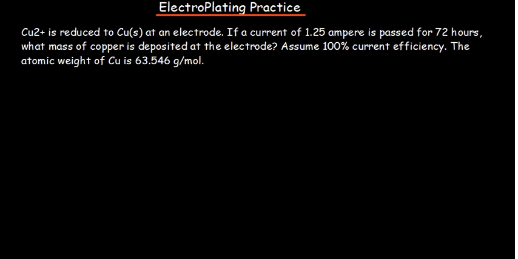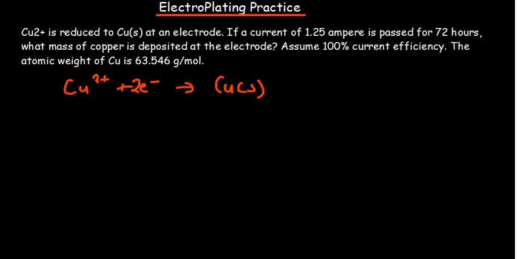In this case, we are looking at copper. Copper 2 plus is reduced by gaining 2 electrons, so that it gives us solid copper. Two electrons are gained since it's copper 2 plus.